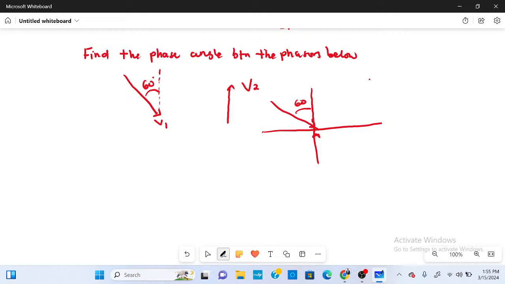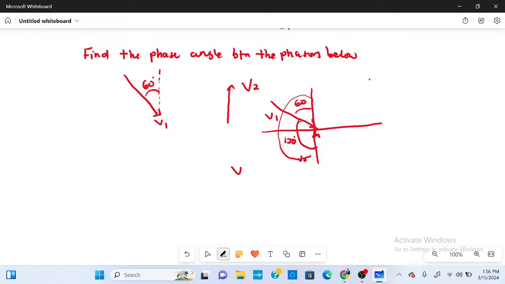We always make sure that they meet to get an angle between them. So this is our V1, this is our V2. What's the angle here? This whole place is equal to 180, and here is 60. So meaning the angle here is 120 degrees.